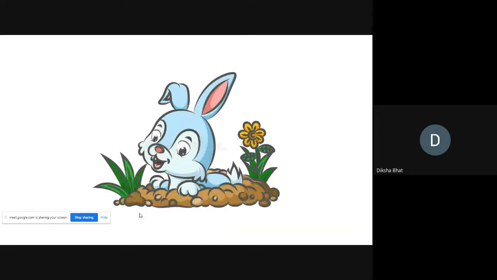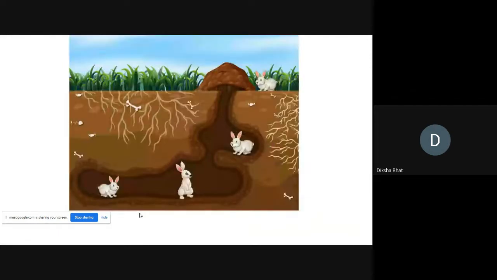Here is Mr. Rabbit. He was digging the ground. First, he went 10 meters down the ground. Which sign would you use to represent this? Negative 10. Yes, -10. Very good. After that, again he went more 20 meters down the ground.